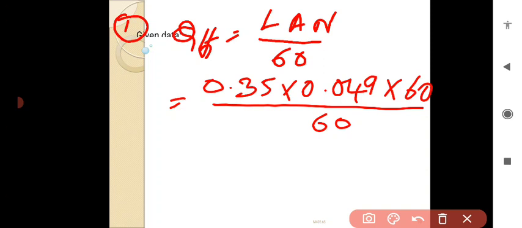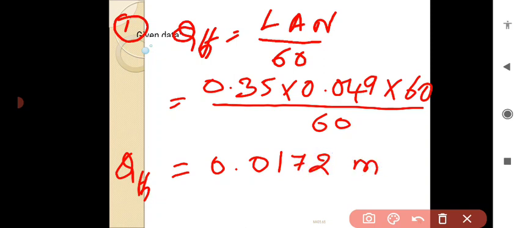If you calculate it, you will get the answer. Q theoretical is equal to 0.0172 meter cube per second.